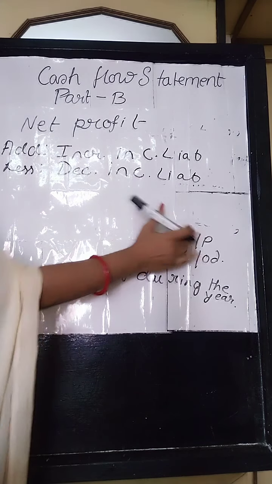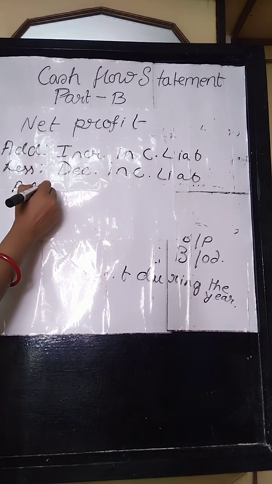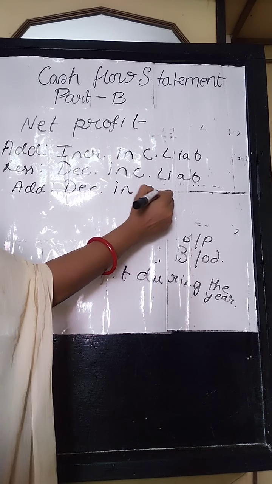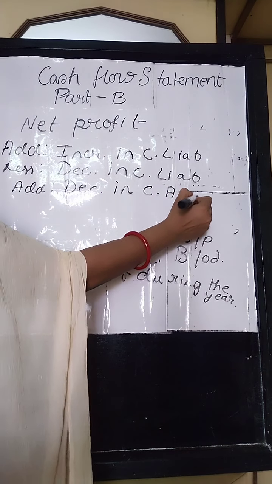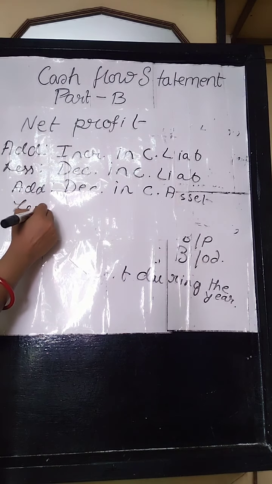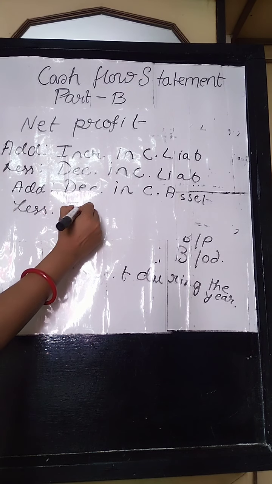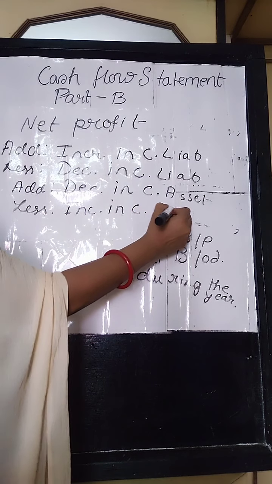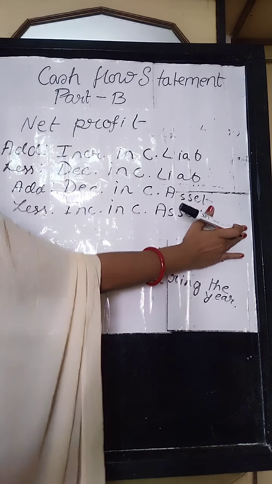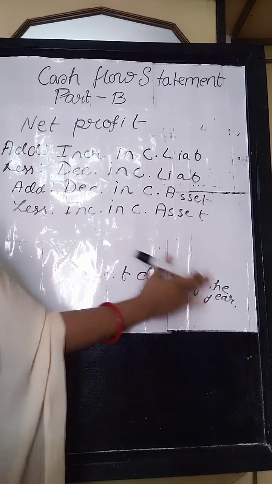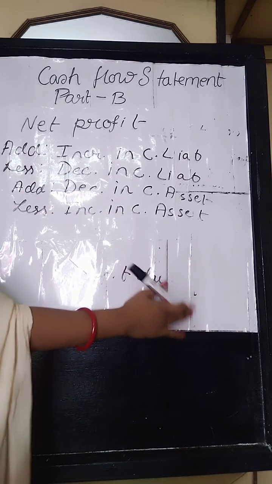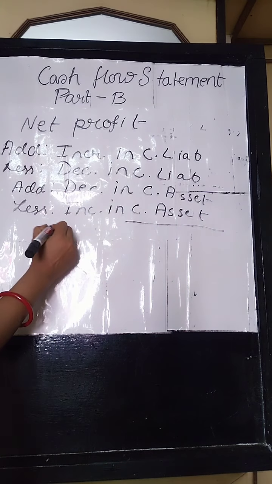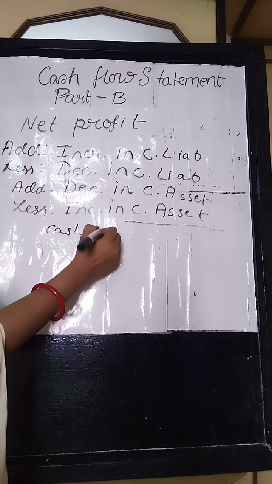Then we will add any decrease in current assets, and deduct any increase in current assets. This calculation we will do over the net profit and find out the cash from operating activities.